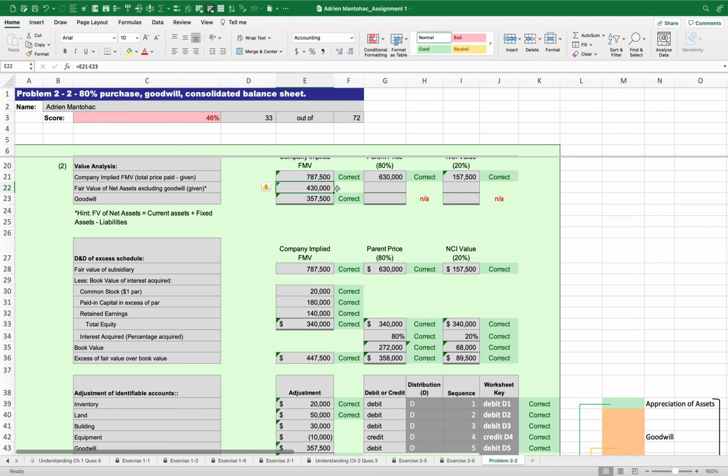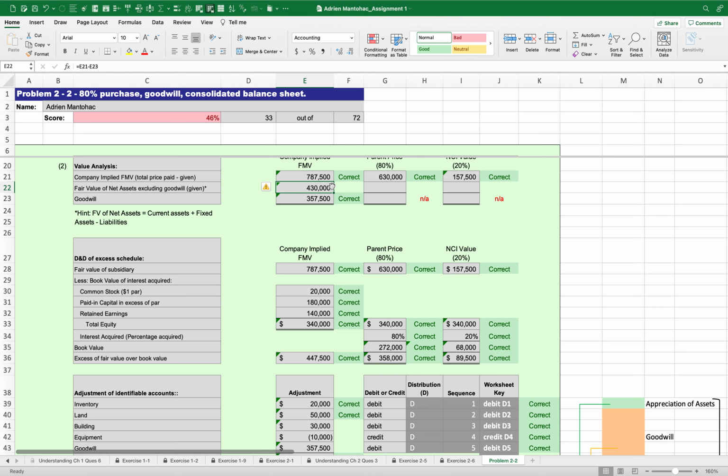Could we have come up with this 430,000 number? You betcha. So if you look at the net assets, which are assets minus liabilities, we can simply go 400,000 for the total assets minus 60,000 in current liabilities. For Downs, that's 340,000.